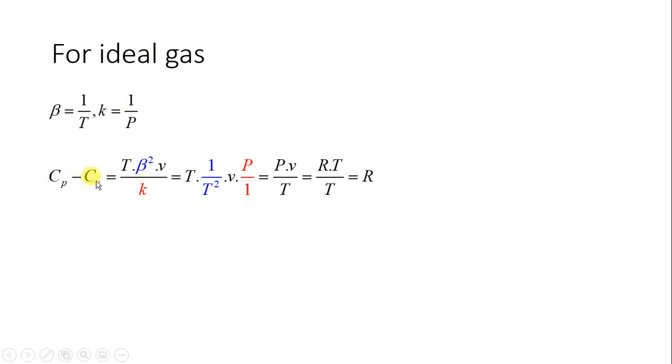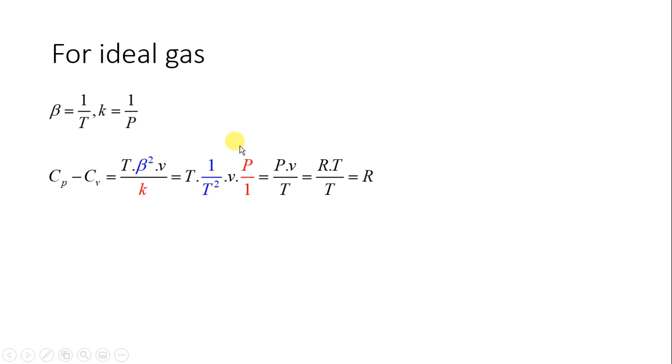Cp minus Cv is equal to T beta square V upon K. I substitute beta square by 1 by T square. Similarly, K is 1 upon P, so I have written 1 upon P.